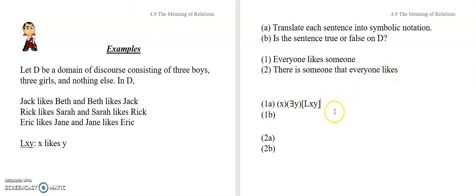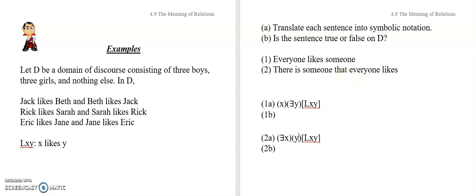Pause and try that one. Okay, so this one's a little bit different, right? It's going to look like this, and you're going to have your LXY in here, and you're going to have your existential here. There is at least one thing that satisfies this description. So there's at least one thing, call it X, that satisfies this description.